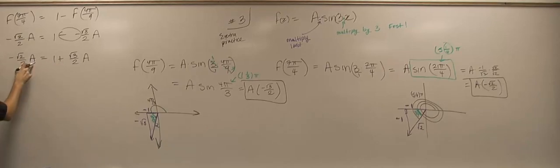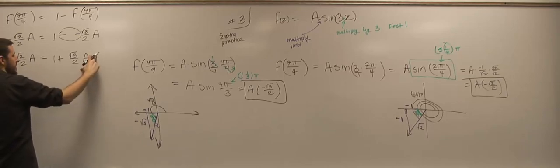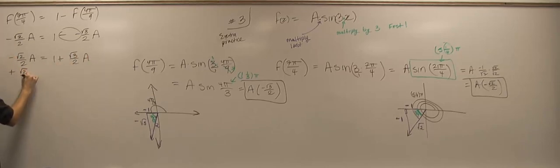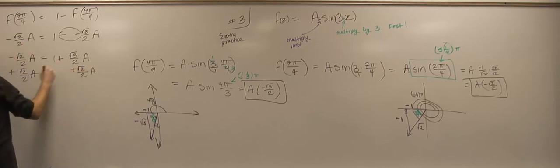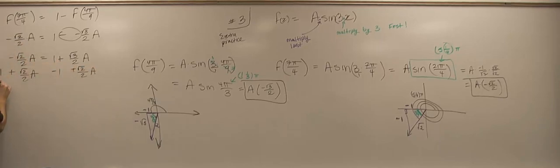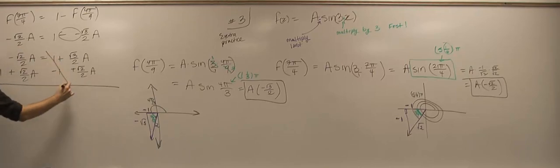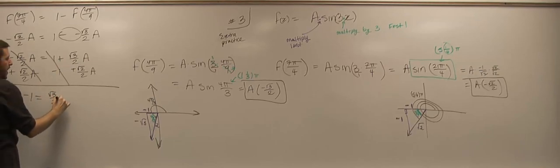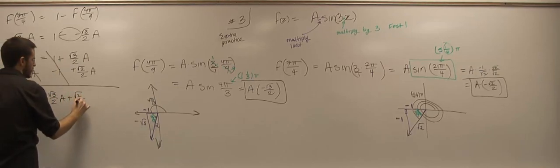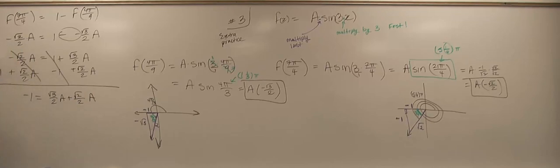For example, I'm going to add my root 2 over 2a to this side to get my variables together, and I'm going to subtract my 1 to get rid of the constant. So negative 1 equals root 3 over 2a plus root 2 over 2a.